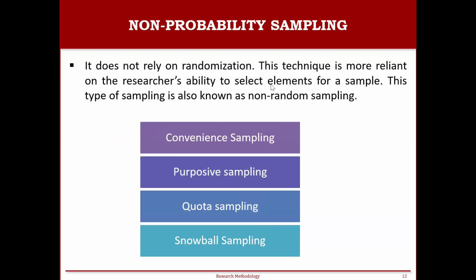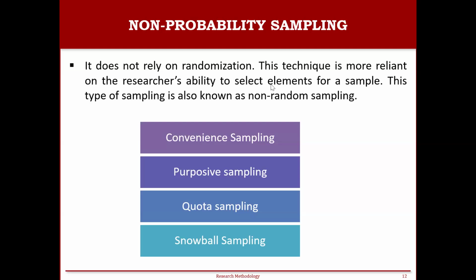Then moving on to non-probability sampling. Non-probability sampling is where we don't use randomization. Most of the time we use non-probability sampling based on the convenience we have. We select the sample based on convenience.